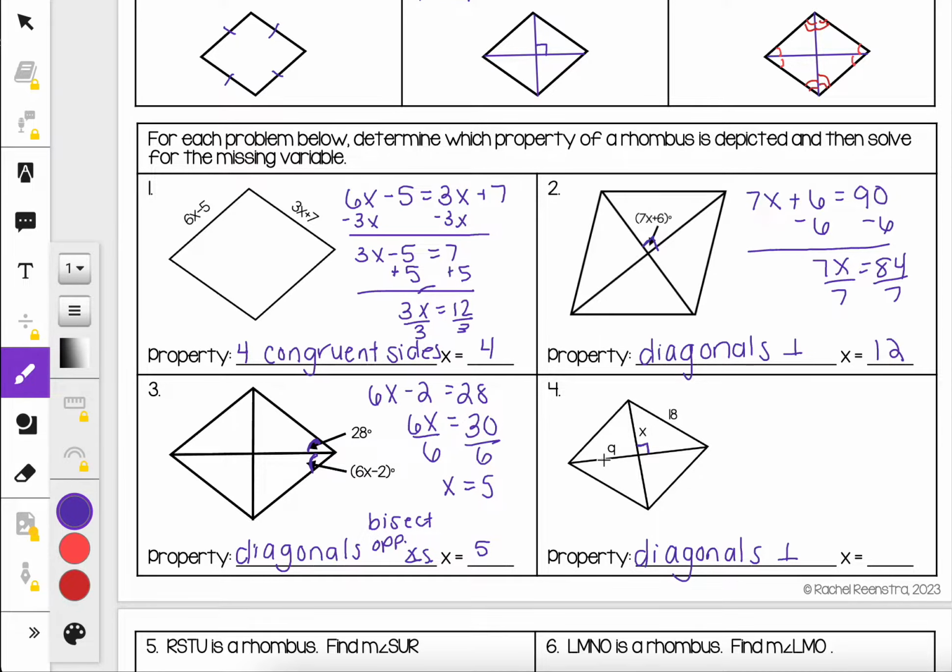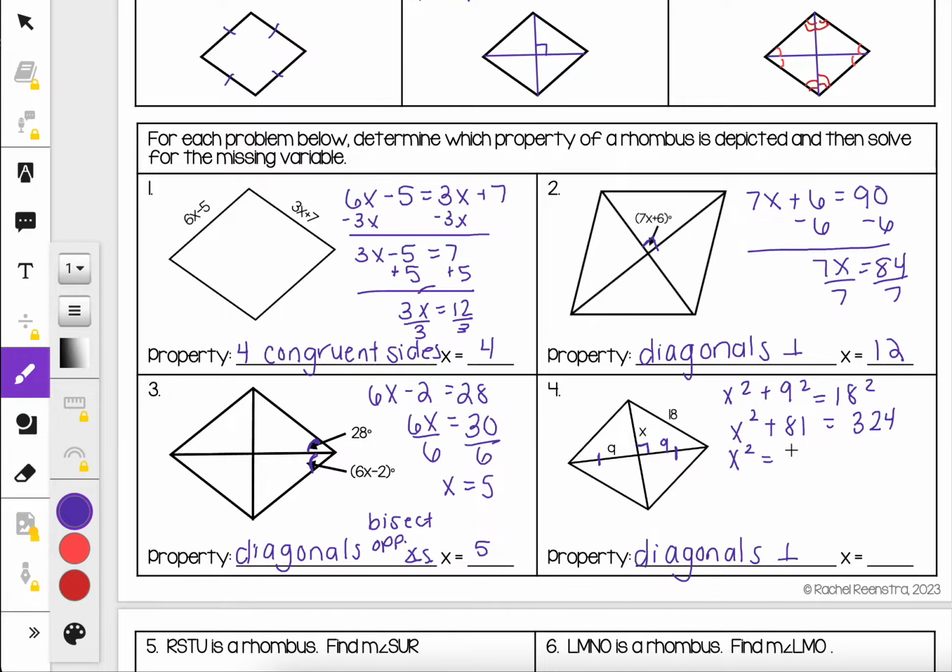Because this is a parallelogram, I know my diagonals are not just perpendicular, but they also bisect each other. So if this piece here is 9, this piece here is also going to be 9. So I can set up my Pythagorean theorem, x squared plus 9 squared equals 18 squared. So x squared plus 81 equals 324.